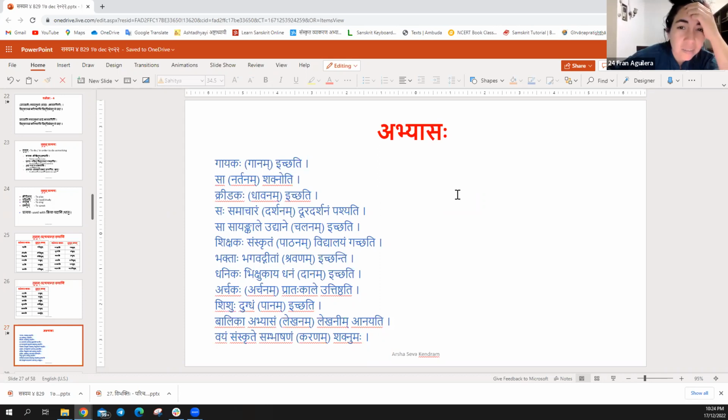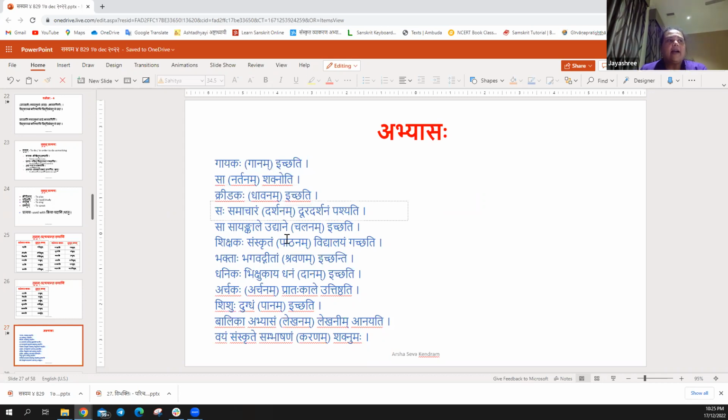In the evening. Sayam is evening, kale is time, in the time of the evening. When you mix the two words, it becomes sayankale.